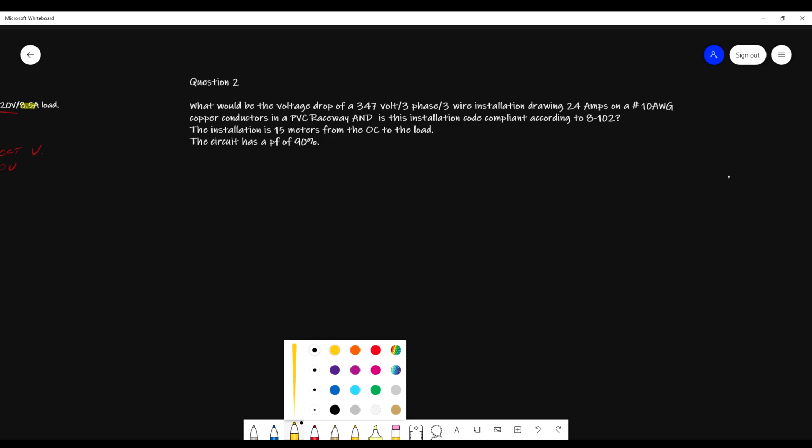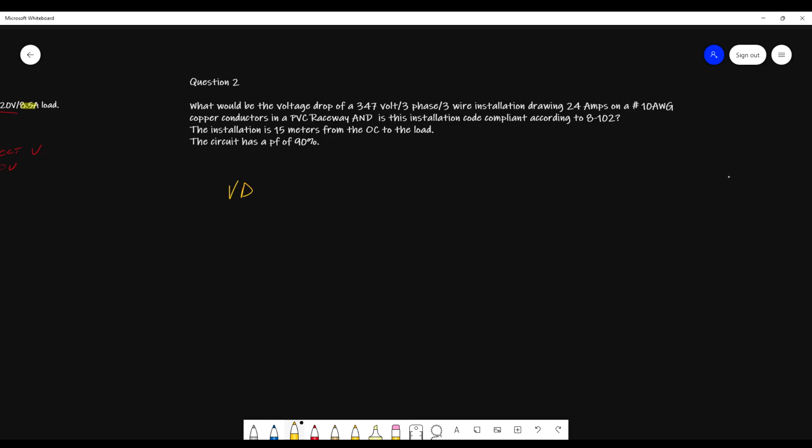So voltage drop equals K times F times the current times the length over 1,000. Okay. So our first step, I guess, we just fill these in.